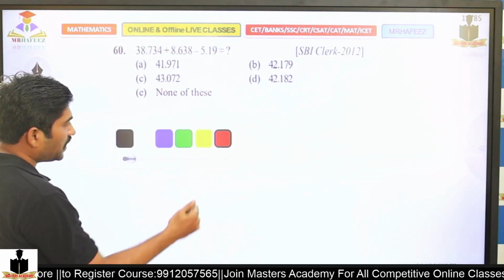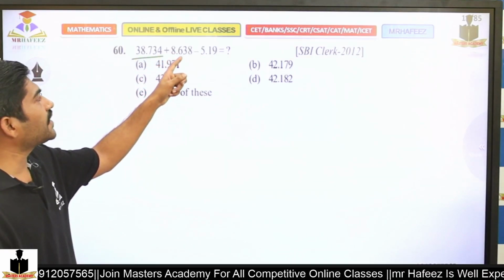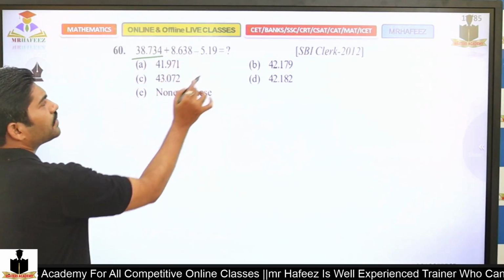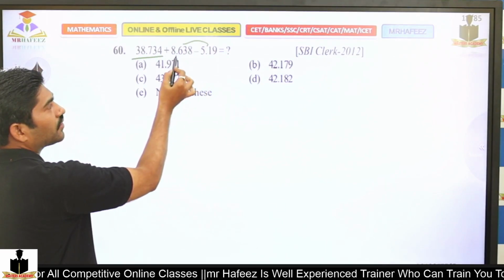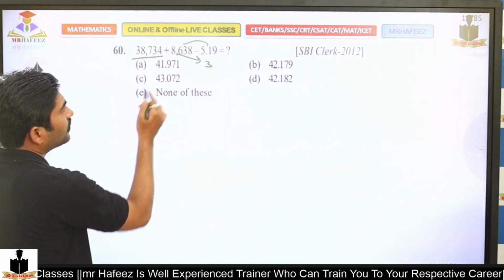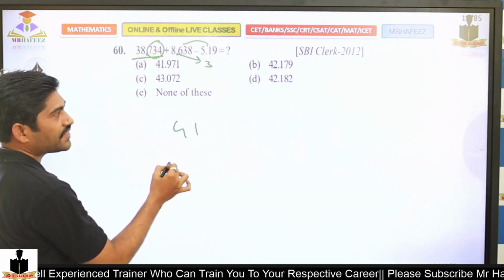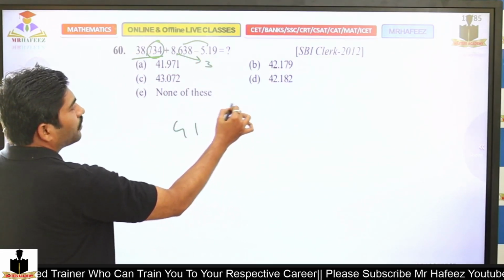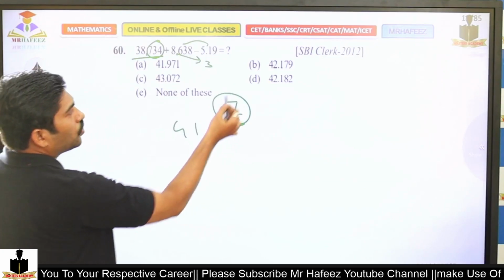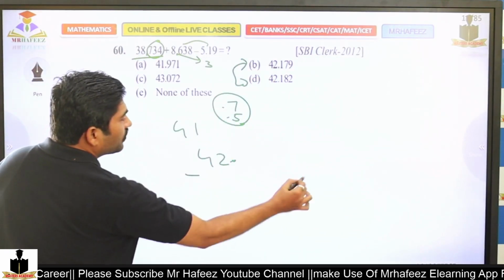38.734 plus 8.638 minus 5.19. So very simple: subtract 5 here, and I'll get more than 3. If I add 3, 38 plus 3 is 41, plus 0.7 is there, and here I will get 0.5. 0.7 and 0.5, definitely it is more than one, okay. There are two cases; 42 point something is my answer.